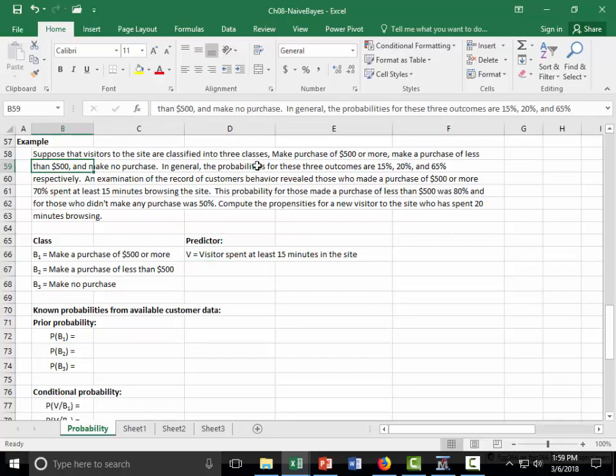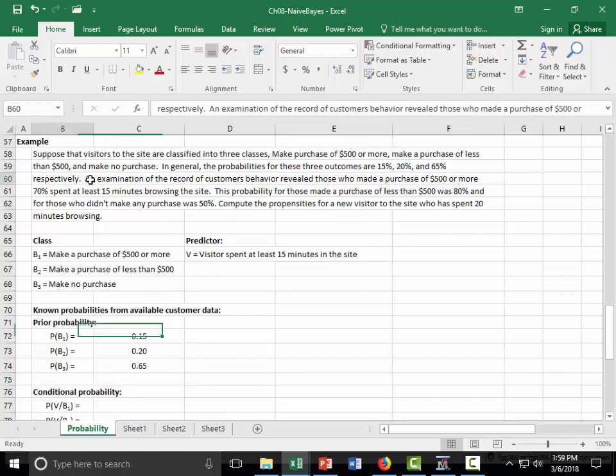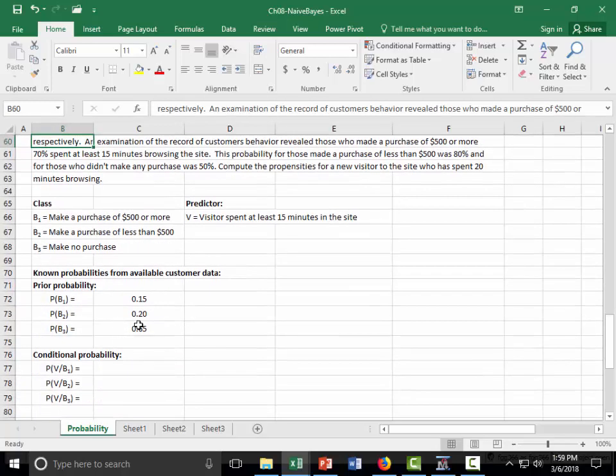So from this statement, our prior probabilities, called marginal probabilities, are 0.15, 0.2, and 0.61. Then the conditional probabilities are given here. Those who spent $500 or more, so the given event is B sub 1.